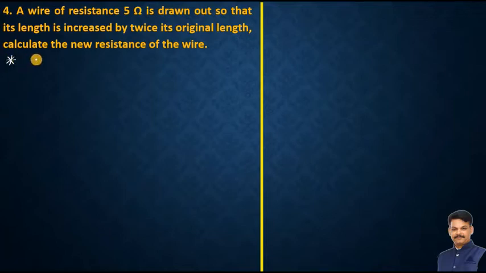The very first thing we need is the relationship between resistance and length of the wire as well as area of cross section. So we know that R is equal to rho L divided by A, where L is the length of the wire and A is the area of cross section.